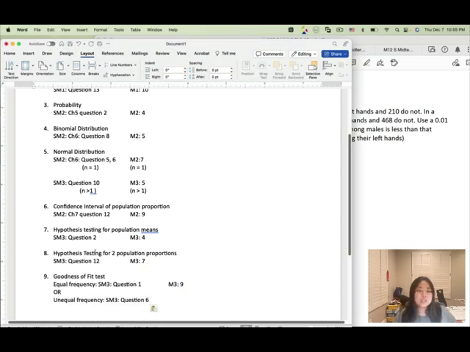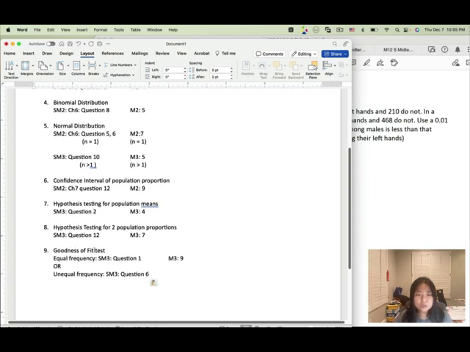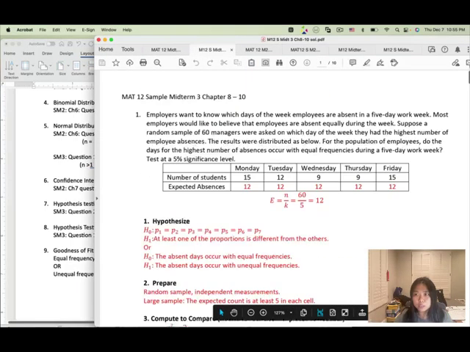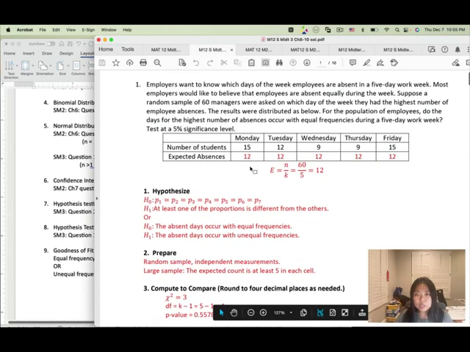Number 9, we're going to work on the goodness of fit test. Goodness of fit test, that will be equal frequency or unequal frequency. So sample midterm 3, number 1. You can see if they do have an equal frequency, I could use this formula.